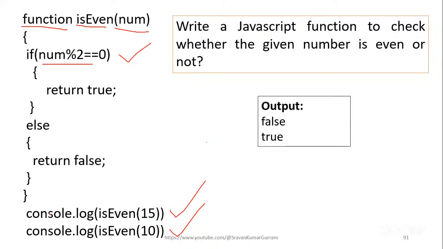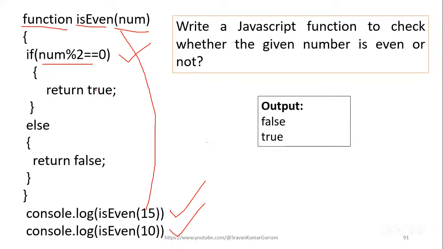So when you write console.log, the even function will be called, and at the time of calling, it passes the value 15 to the parameter num. In the case of 15, is 15 modulus 2 equal to 0? Do we get remainder 0 if you divide 15 by 2? Obviously no, because 2 sevens are 14, remainder is 1, not 0.